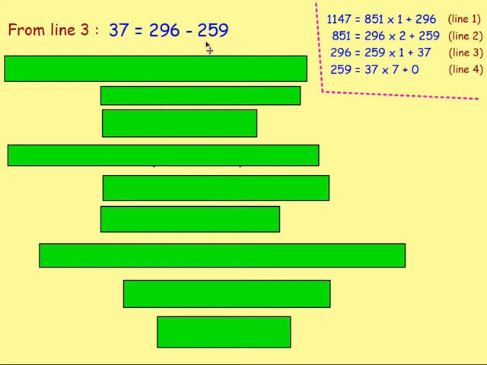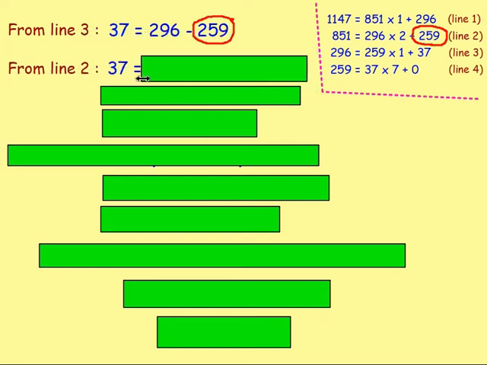Can we simplify that? Well, no, we can't really do anything with that, so we go up to the next line. And in line 2, the remainder was 259. So what we can now do is replace this 259 with whatever it's equal to. So we can say from line 2, 37 is going to be equal to 296 take away, and if we think about the 259, we can get that on its own by taking 851 and then subtracting two lots of 296.